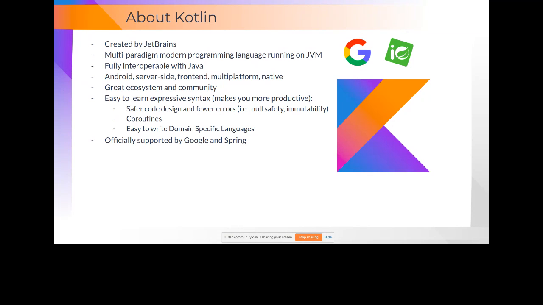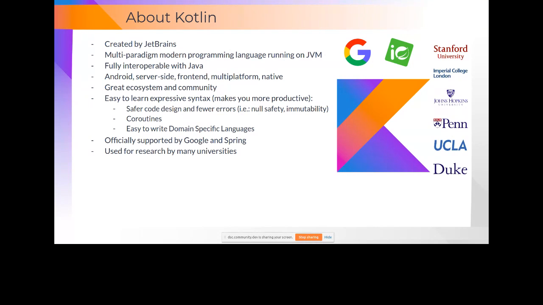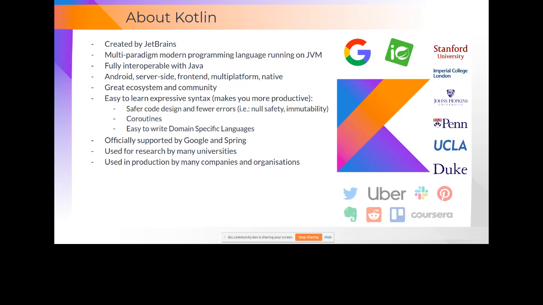But in 2019, Google and the Spring Framework announced their official support for Kotlin. Meanwhile, many universities started to use Kotlin in their research work because Kotlin allows fast prototyping. And many big companies also started to use Kotlin in production. So this means that Kotlin is not just a hype anymore, but it's a major programming language.